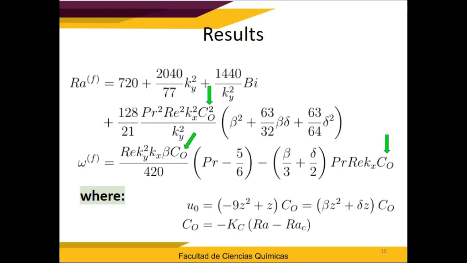So, what is the effect of the controller on the hydrodynamic stability of the fluid layer? The green arrows show the controller signal CO presence in the Rayleigh number and frequency of oscillation expressions. Also, notice that CO is multiplying the Reynolds number terms, which was expected since CO would be equal to 0 if the fluid layer is at its marginal conditions and therefore no fluid motion due to the top wall should exist.